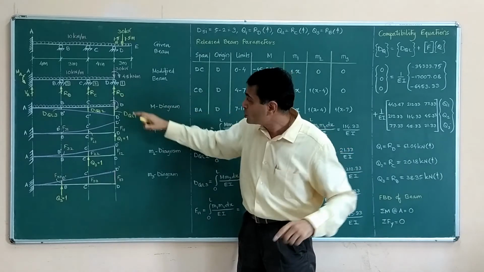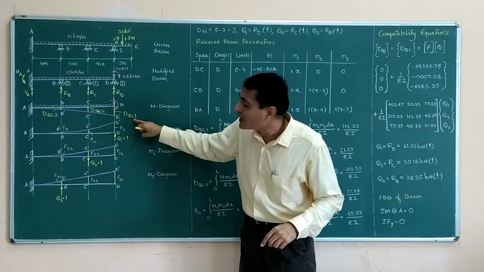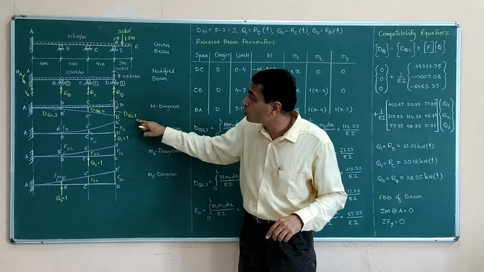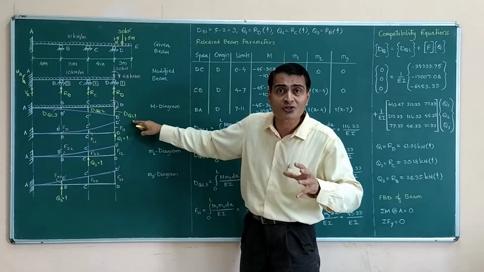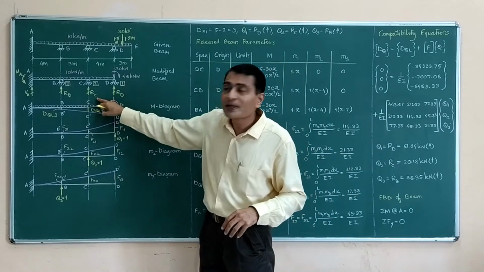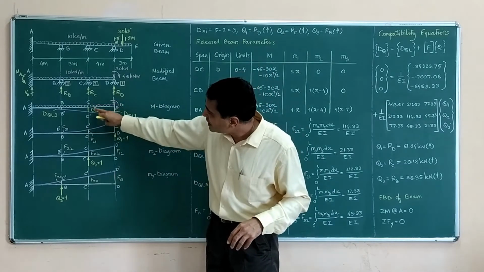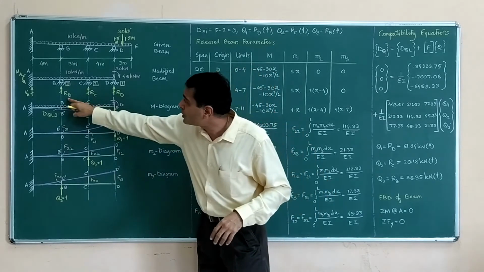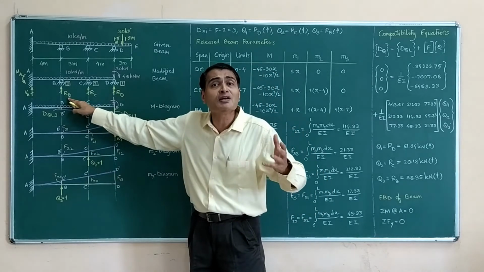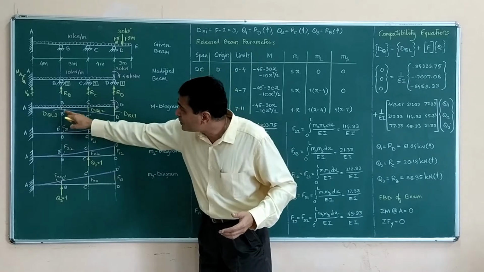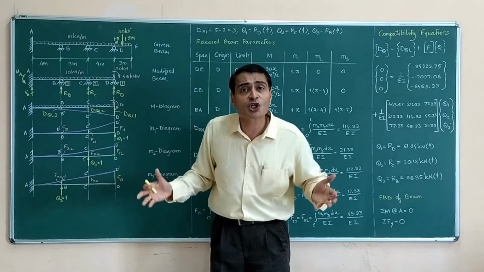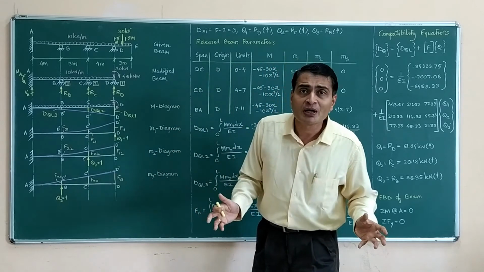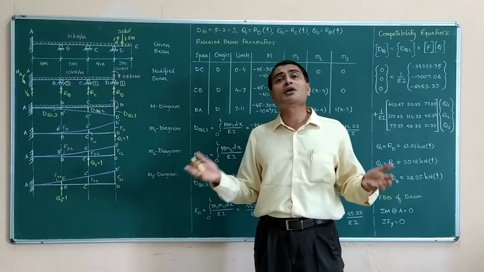That deflection DD prime I am calling as DQL1, displacement corresponding to redundant Q1 due to loads. Similarly, corresponding to Q2 equal to RC, deflection is being called as DQL2, corresponding to Q3 equal to RB, my third redundant, the deflection BB prime is being called as DQL3.